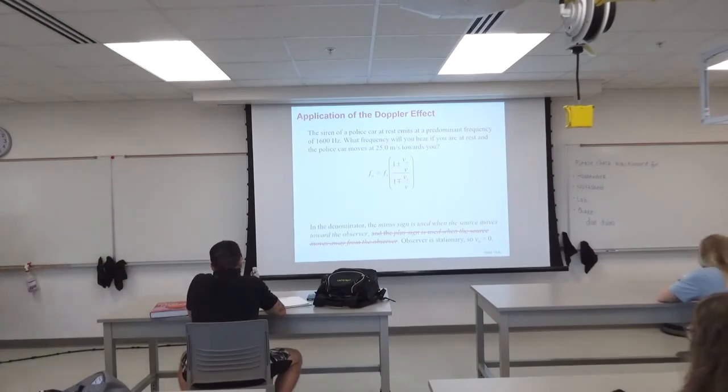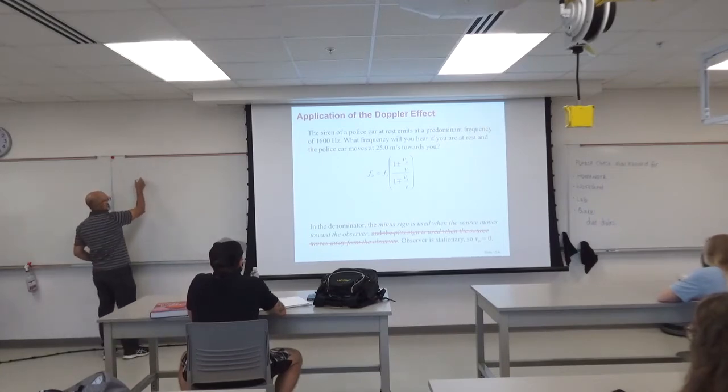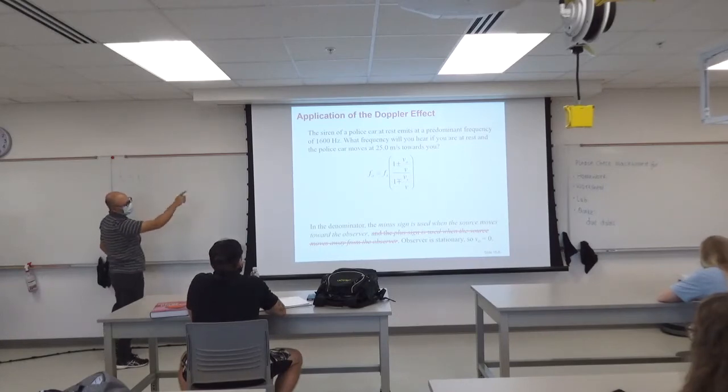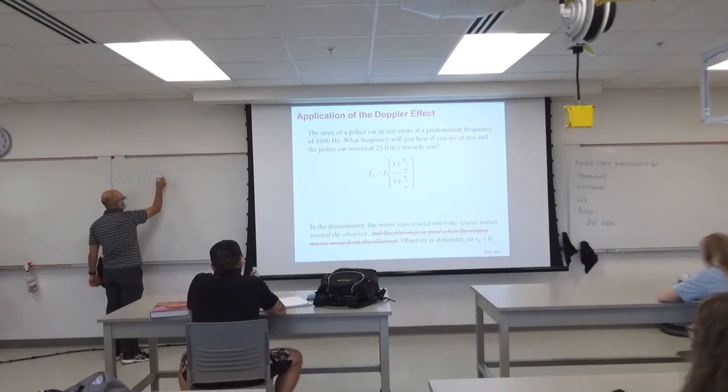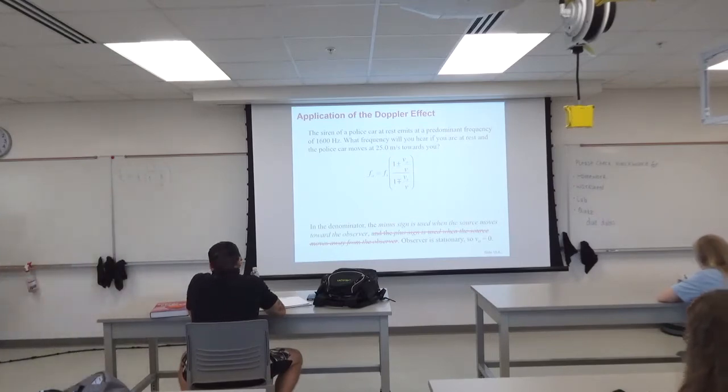We have F0, the original frequency of sound, and in the numerator we have 1 because V0 is 0, so 1 minus Vs over V. Let's plug in the numbers and see what you get.